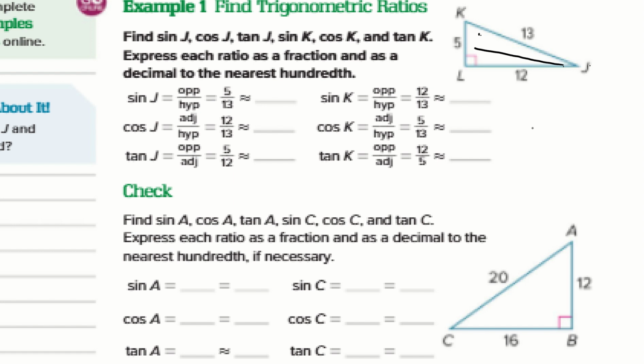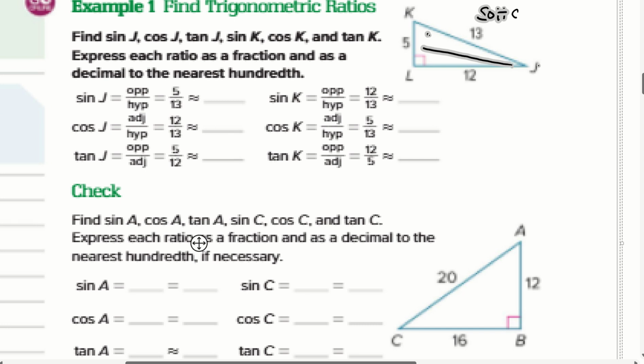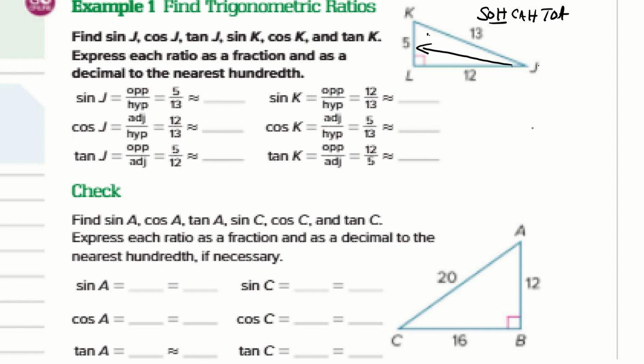Remember SOHCAHTOA. Sine is opposite over hypotenuse. The opposite of J is 5, and the hypotenuse is the longest side, which is 13. So sine of J is 5 over 13, and if we do this calculation, we get about 0.38.